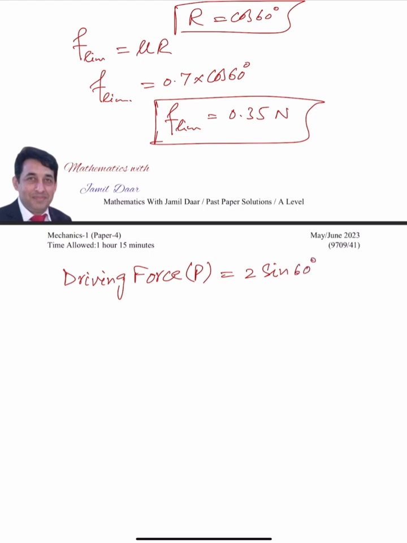Okay, that is 2 sine 60. Let me use the calculator. 2 multiplied by sine 60. This would be 1.732 Newton.